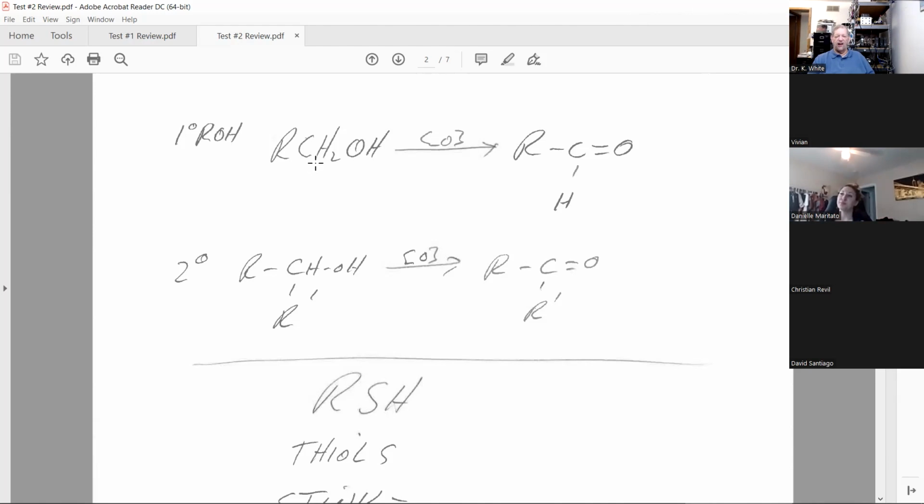You lose the hydrogen from the alcohol and the hydrogen from the carbon the alcohol is bonded to, form a carbon-oxygen double bond, and you get an aldehyde. And if you take a secondary alcohol and oxidize it, you do the same thing, and you get a carbon-oxygen double bond, and that's called a ketone.